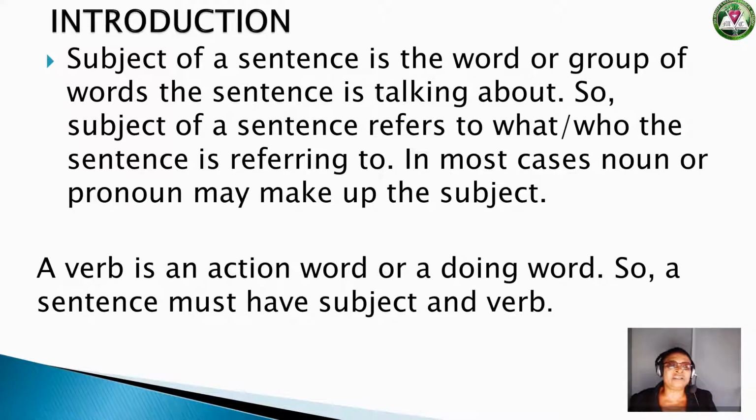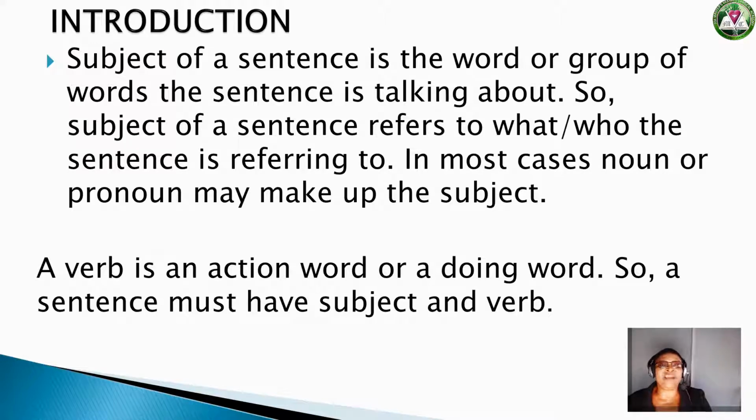The objectives of this lesson. At the end of this lesson, it is expected of you to identify the subject of a sentence and a verb in a sentence.